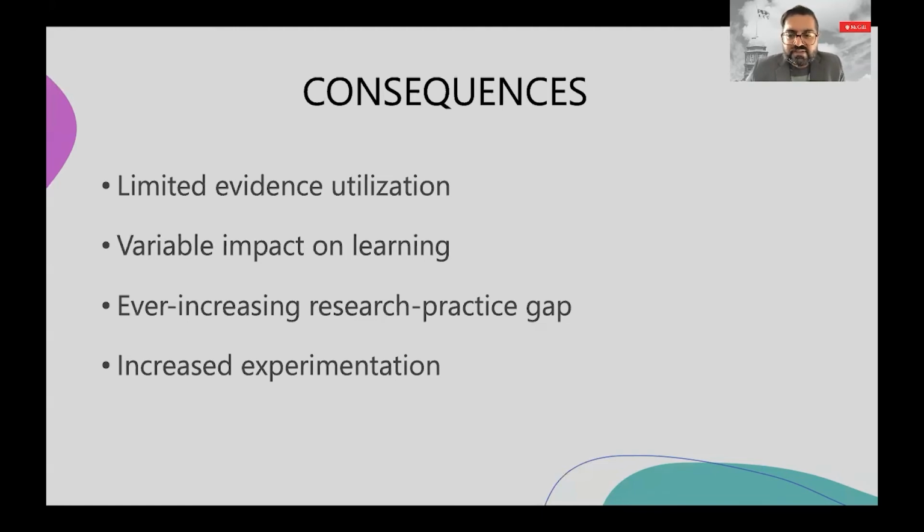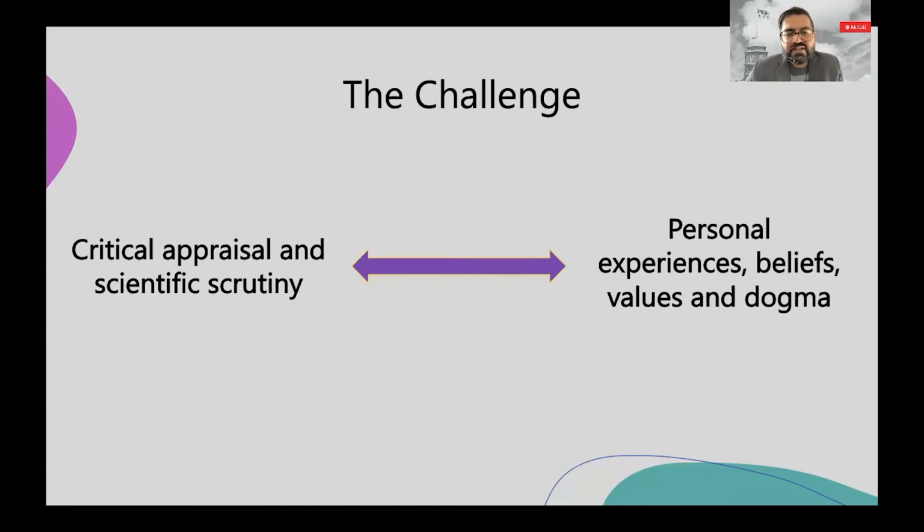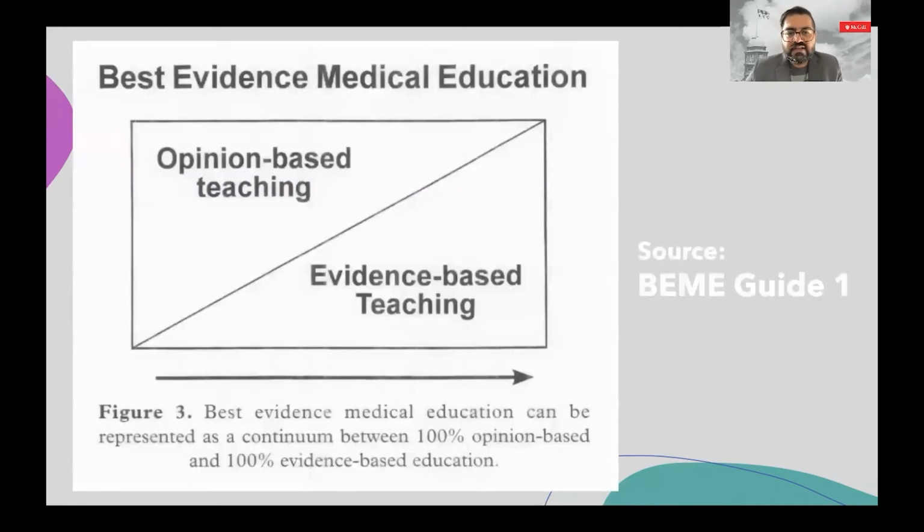And there's always an increased experimentation because we do not know how to effectively teach. And we keep on experimenting using hit and trial methods unless some method suits our needs and demands. The challenge here is the critical appraisal and the scientific scrutiny, or should I go for personal experiences, beliefs, values, and dogmas? Well, like I said, I'll explain later.